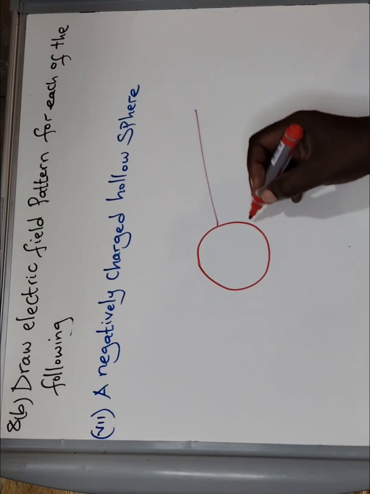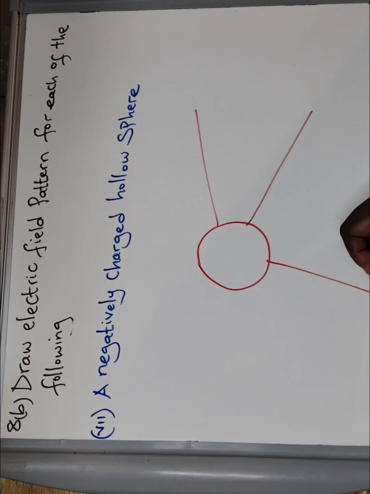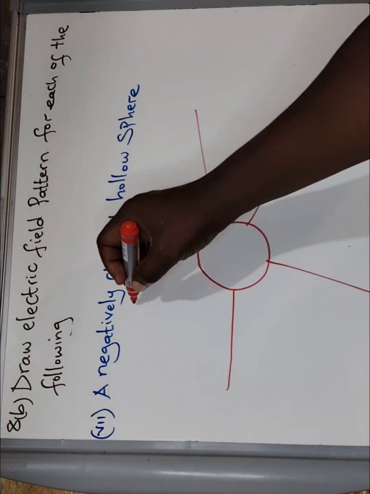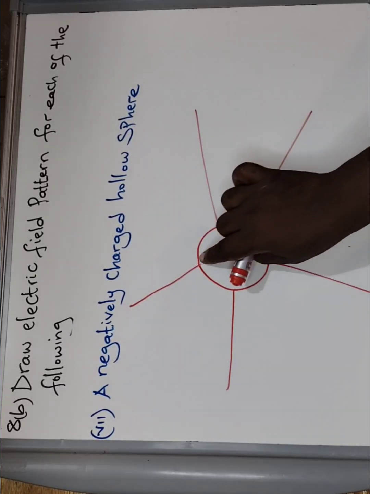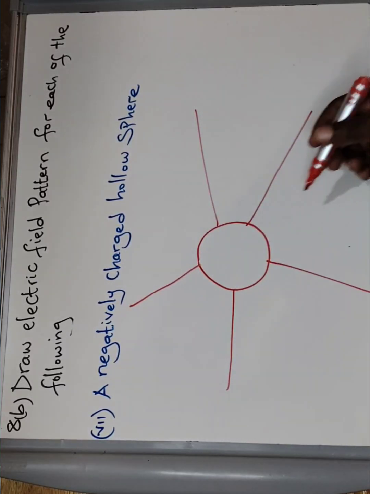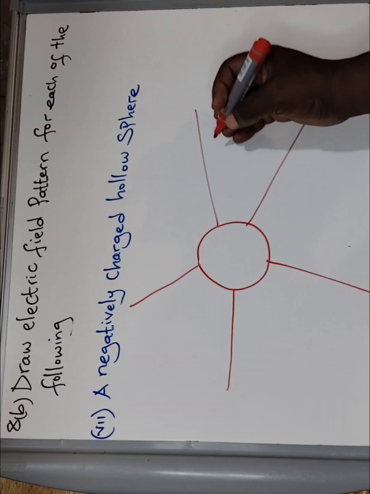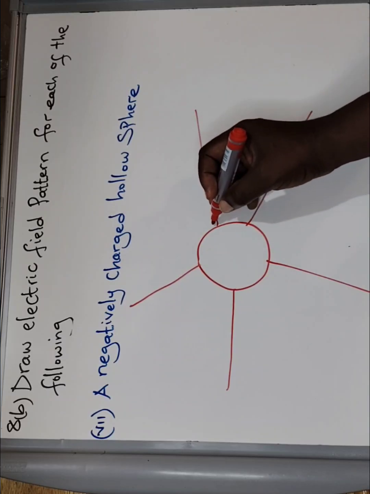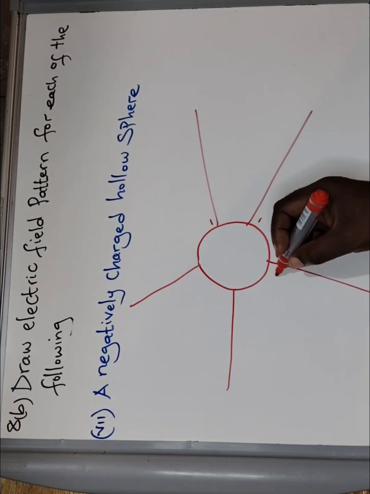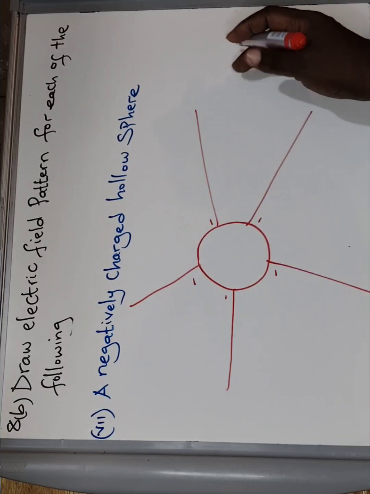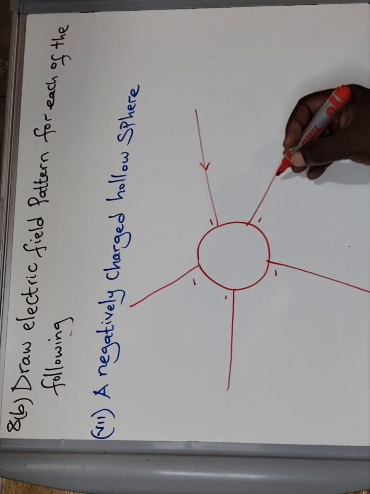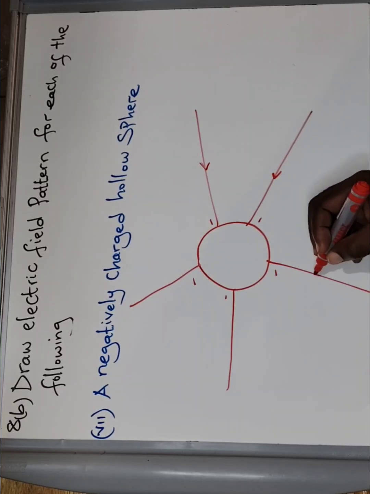And let us have it like that. Inside the hollow sphere, I repeat, there's no charge. It is only on the outside and it's negatively charged. So what does it say? If it's negatively charged, it means that when you put a positive charge, it will come in. So that is our direction.